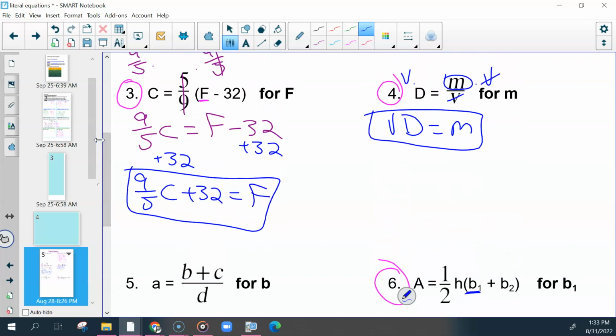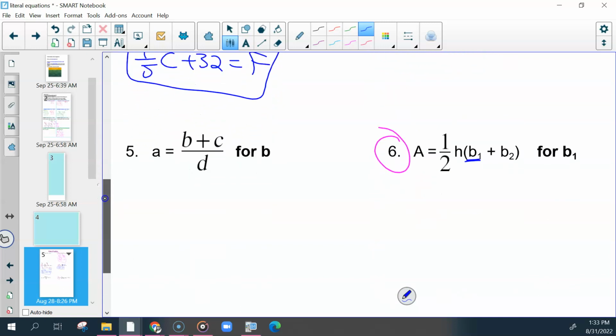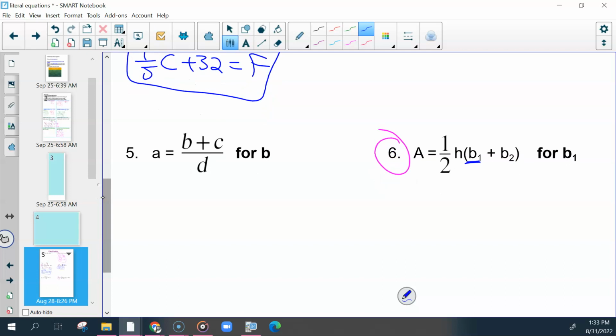Get rid of the 1/2 first. So multiply it by a reciprocal. Take this, flip it, and multiply that on both sides. Then these would cancel, and we'd have 2a equals h times b1 plus b2.